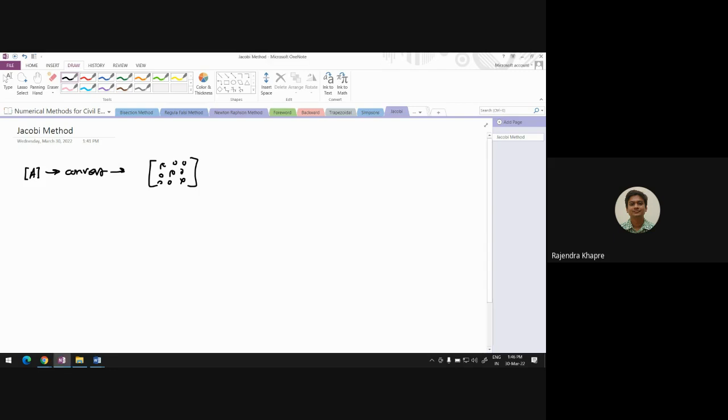Okay. If it is a 2 by 2, then one element in the upper triangle, one element in the lower triangle. So 2 operations we have to perform. Like that, if the size of the matrix increases, the number of operations will also increase. Now, the best part of this particular method is if you are operating on a symmetric matrix.